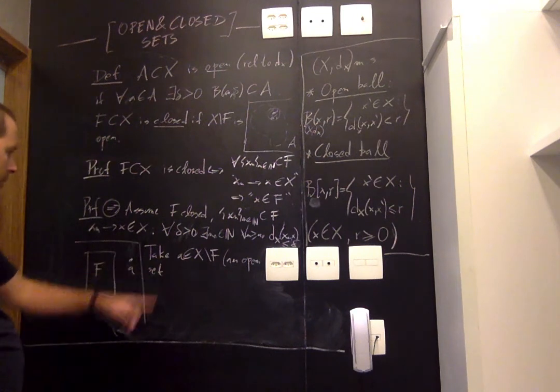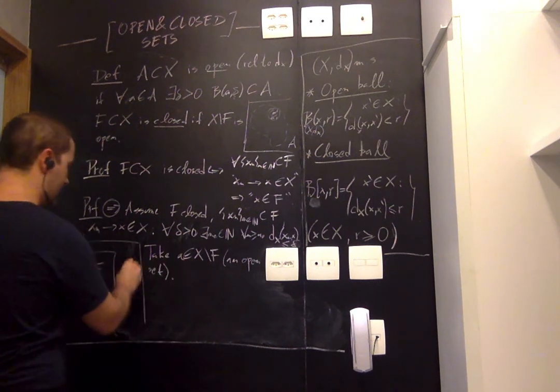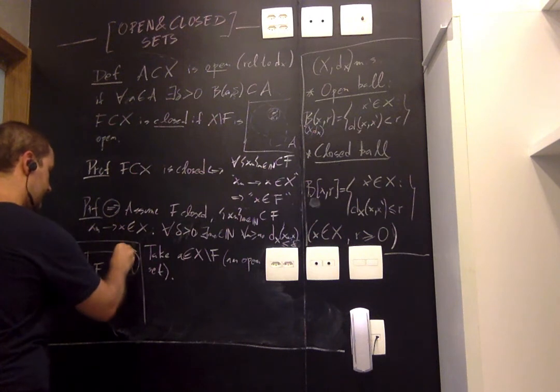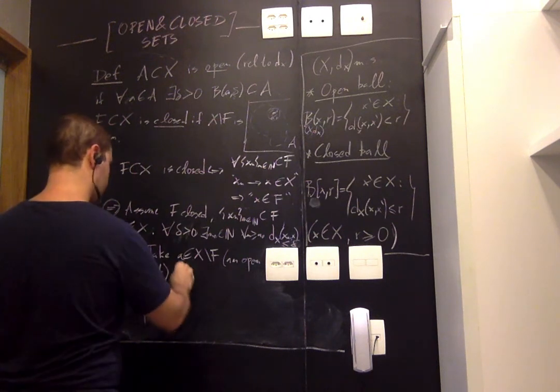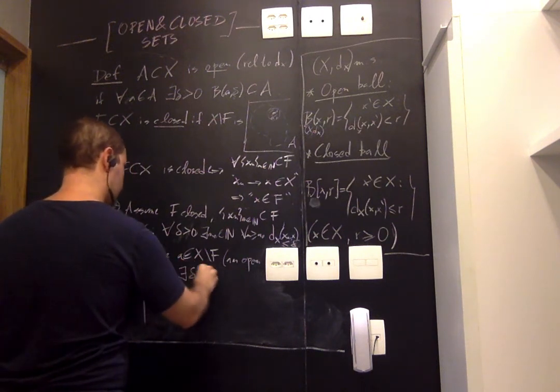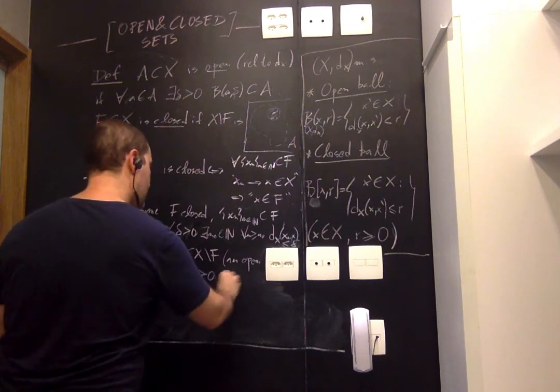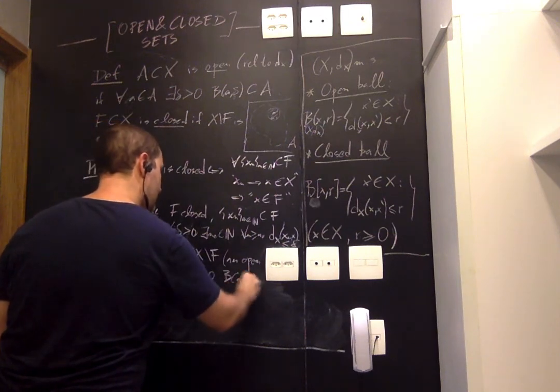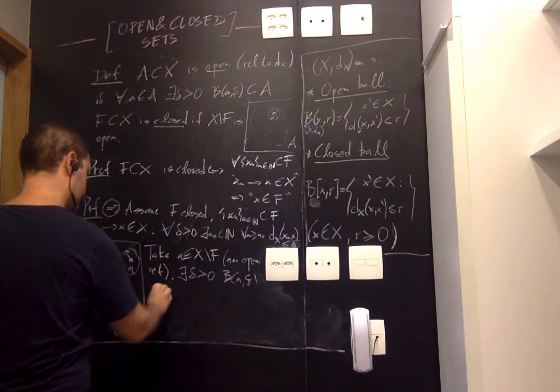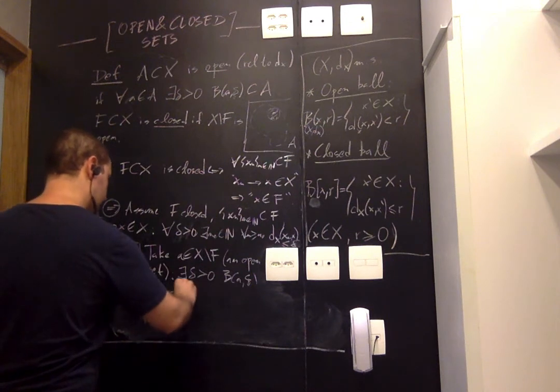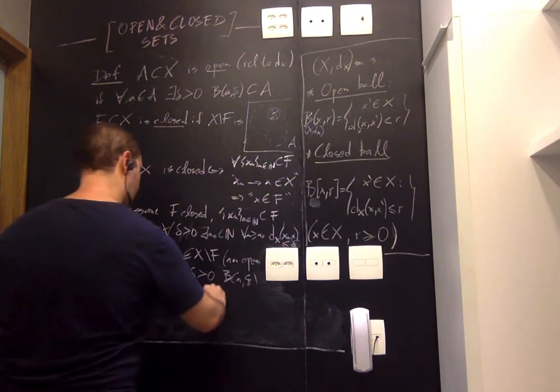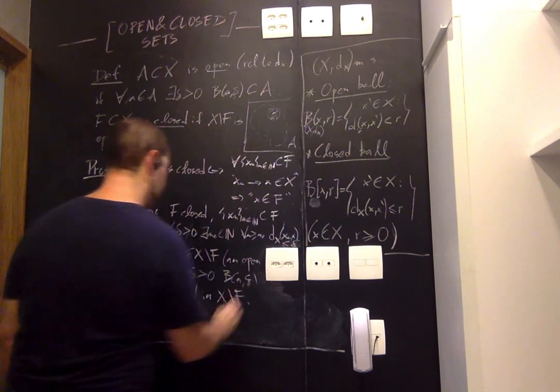What do we know about the complement? That it's open. I just wrote it down. So there exists a delta such that the ball B(a, delta) is contained in the complement of F.